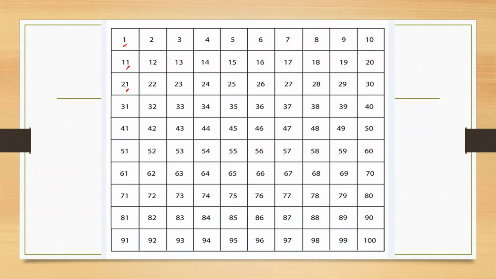How many times does the digit 1 appear in the units place? 10. What about others? From 1 to 100, how many times does the digit 1 appear in the units place?